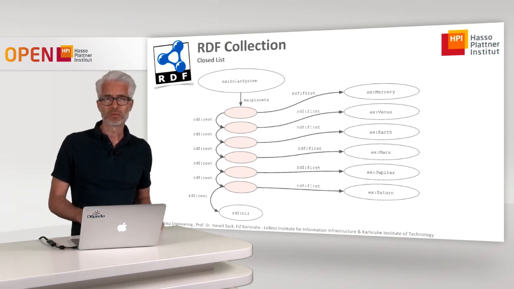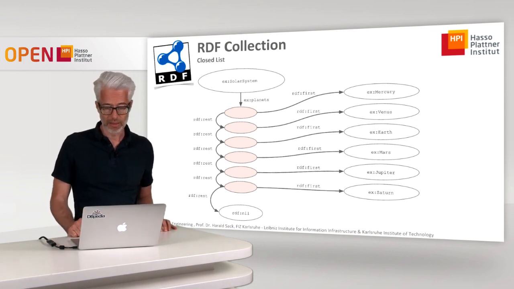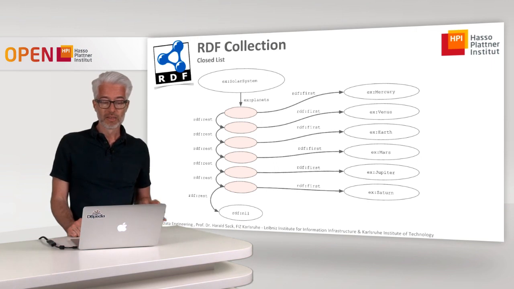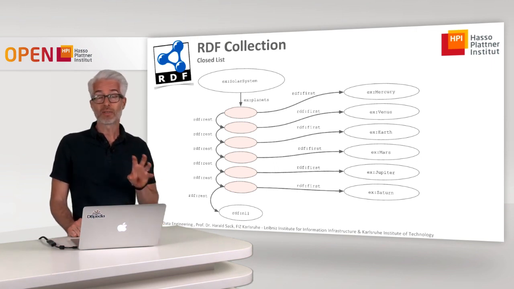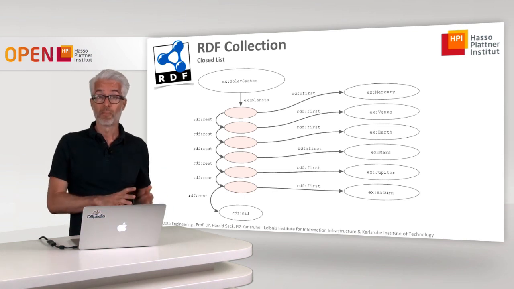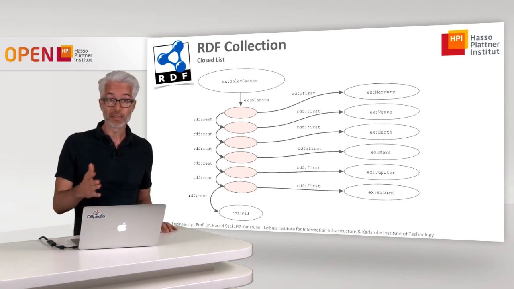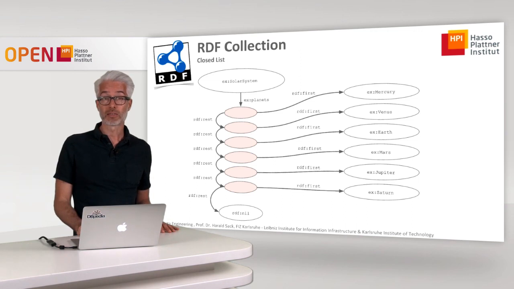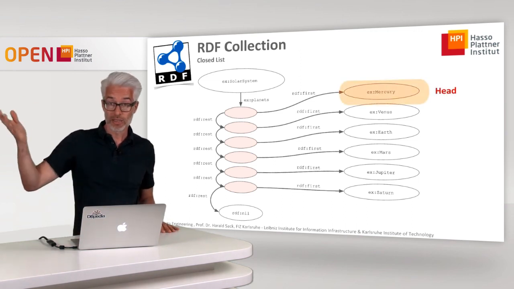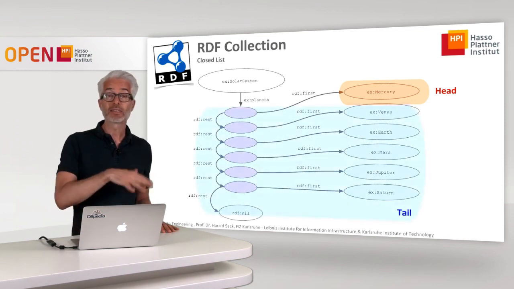So you might think, oh, this looks even more complicated, and you are right, because a collection is ordered like a linked list. The programmers among you might recognize this, because a linked list, this kind of data structure, is always structured in something which is ahead of the list and the entire rest of the list.